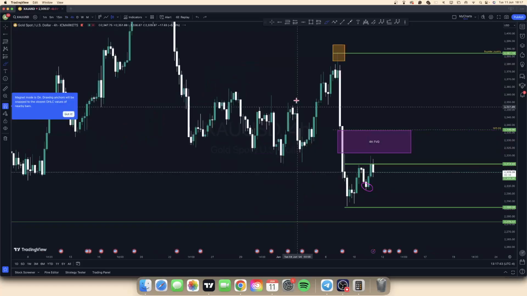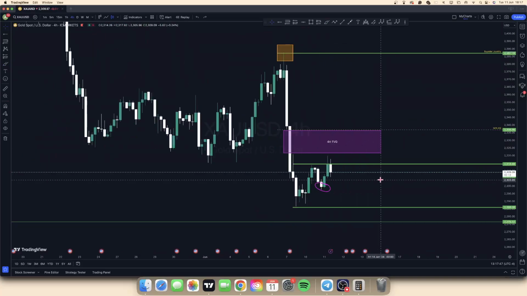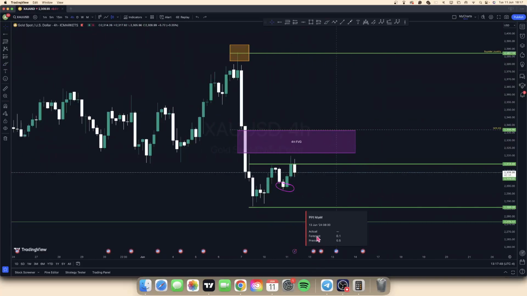So that's my idea on what I'm expecting with tomorrow. We also have PPI. Let's not forget, PPI is on the 13th of June, 1 month before my birthday. PPI is on the Thursday, I believe. So what we could get, and I'm covering all scenarios here, is we could get a straight climb up tomorrow with CPI.